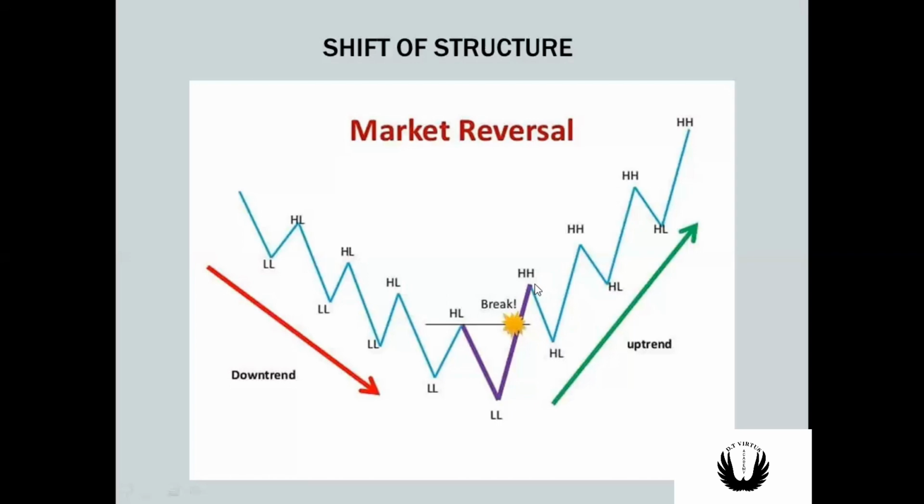They created higher highs, then higher lows, higher highs, higher lows. When we have this second higher high, this shows that yeah, we are bullish. So we just want to wait for them to sell down to this area, then buy. So this area here is called shift in structure.